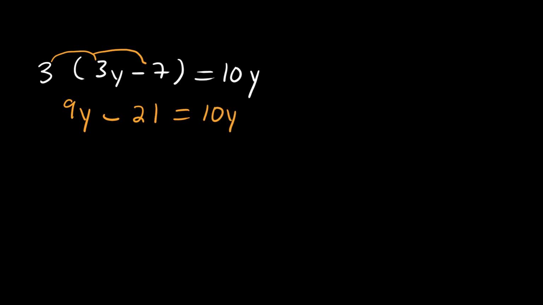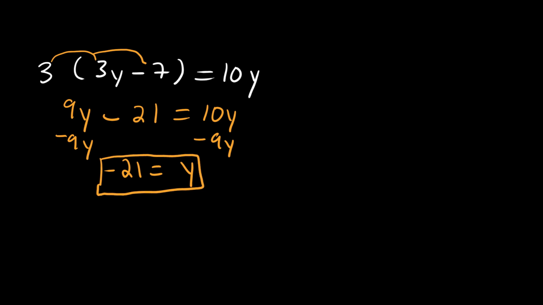Now we have 9y. Let's subtract 9y here and let's subtract 9y over here. Now we will have negative 21 equals 10y minus 9y, that's y. So our final answer will be negative 21 equals y, or y equals negative 21. Remember that this is the same as y equals negative 21.